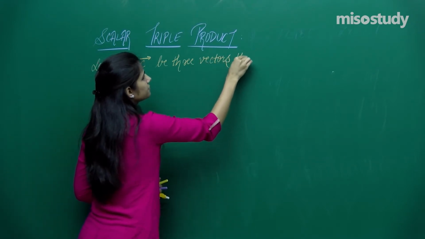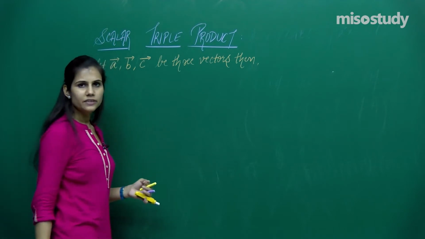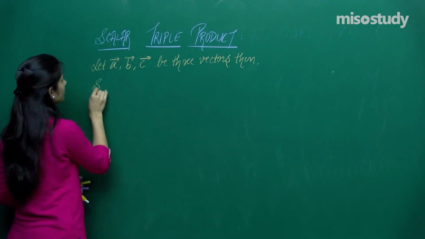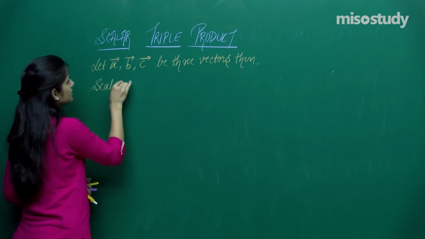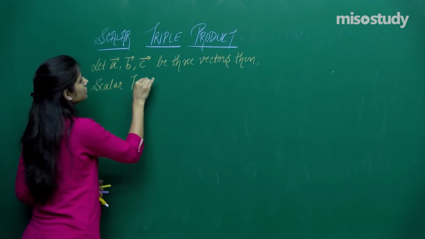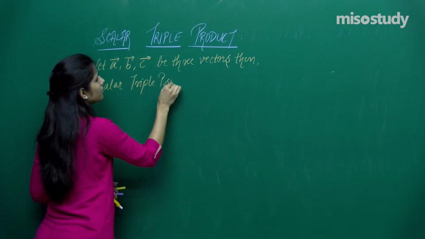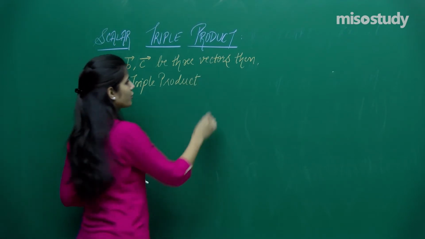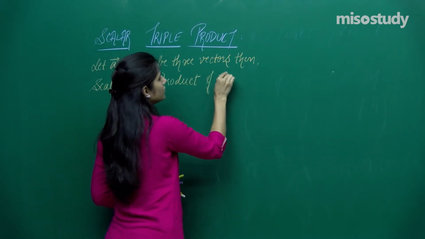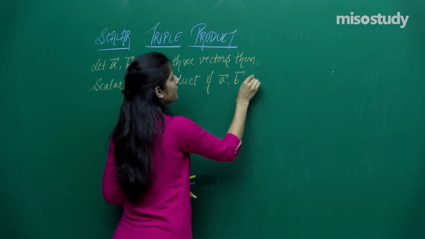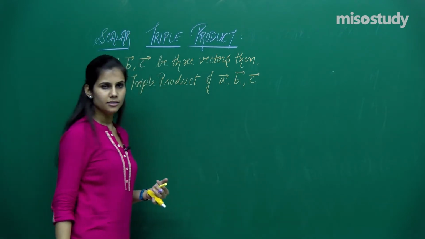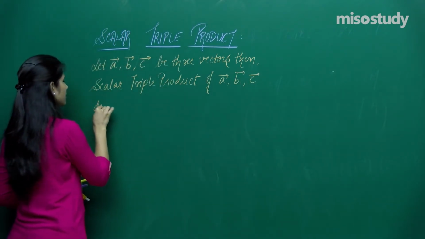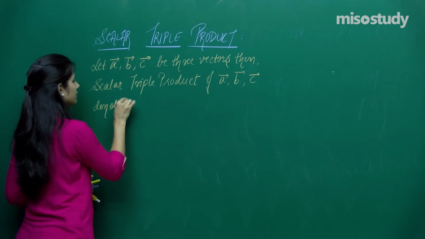Then the scalar triple product of A, B, C is denoted by this, A, B, C in closed brackets.